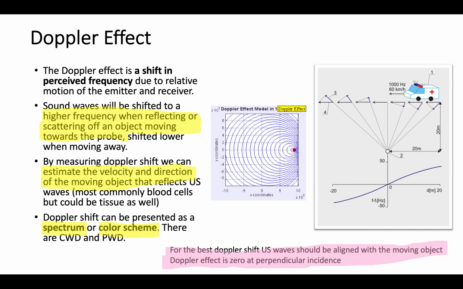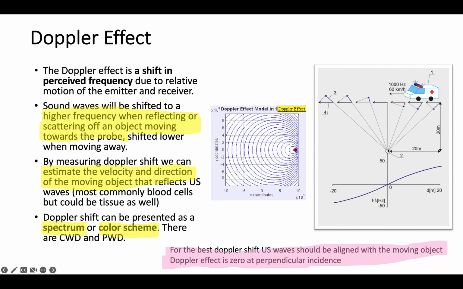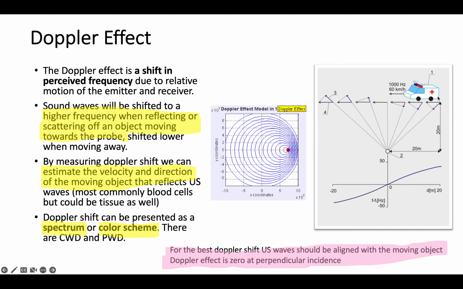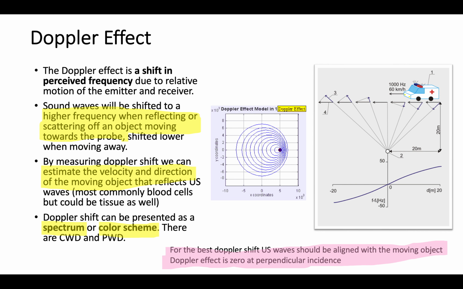So now let's talk about the Doppler effect before we go to the next mode of ultrasound. We're all familiar with the fact that if we are standing somewhere right here, witnessing a car or train, let's say here's an ambulance with a siren coming toward us and then passing by and going away from us, we all know that the pitch of the siren will be changing.